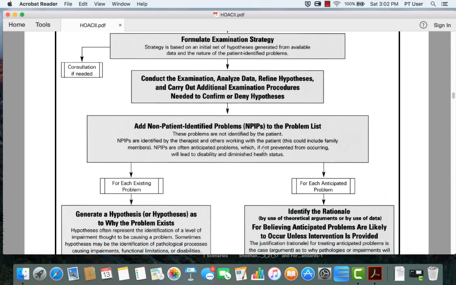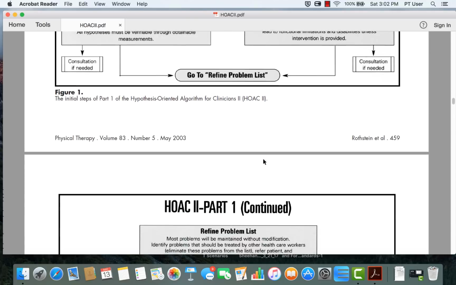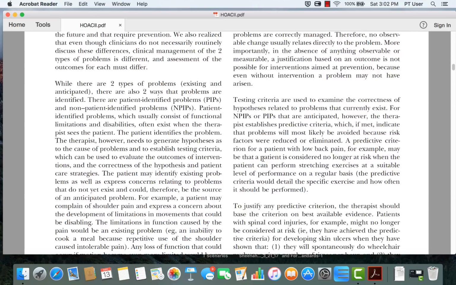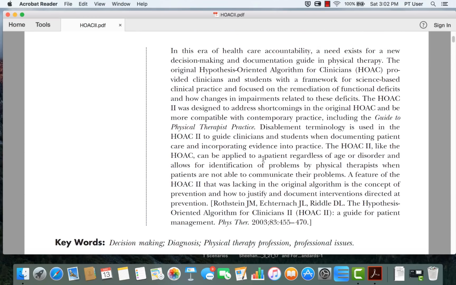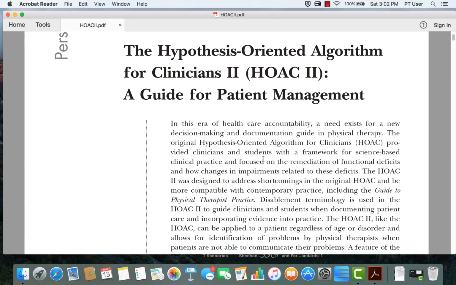Okay, so that concludes the last of three lectures related to part one. Again, I would really encourage you to look through this entire paper a couple of times. I've highlighted some areas that I think are important related to part one, but really what you need to do is spend some time reading through the entire paper, listening to the lectures, and going back to the paper.